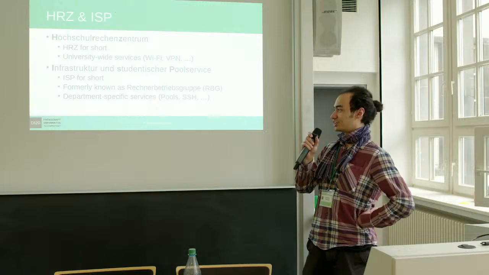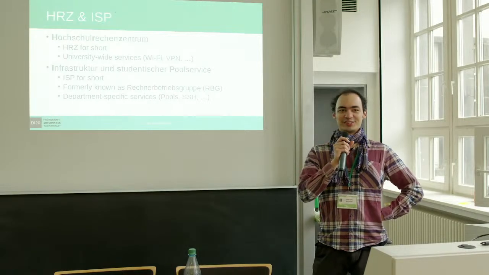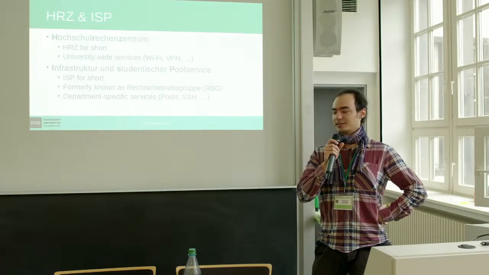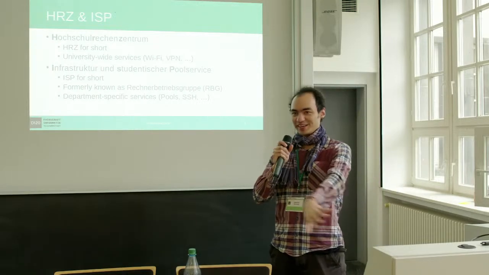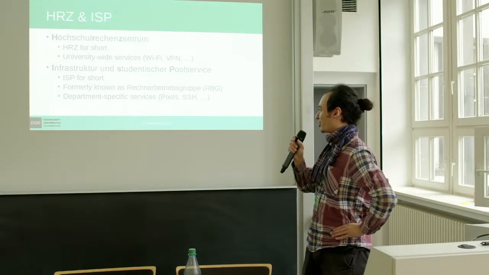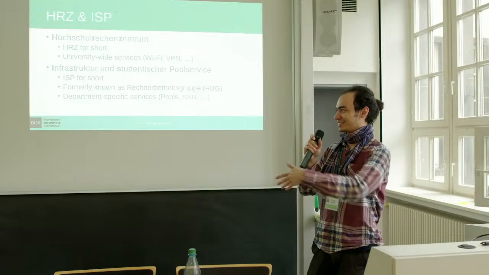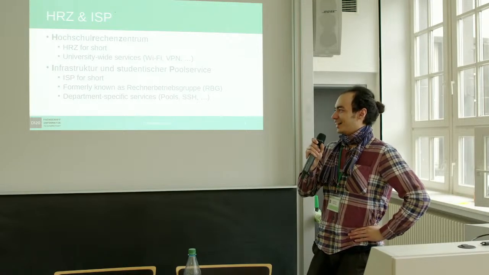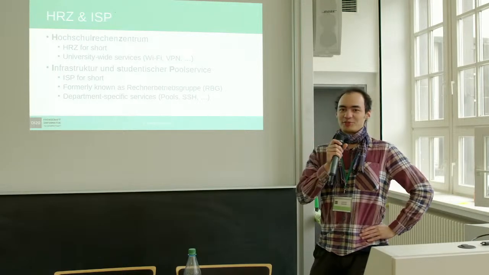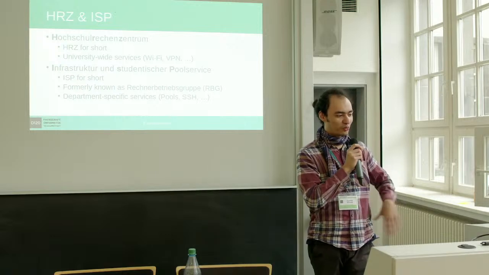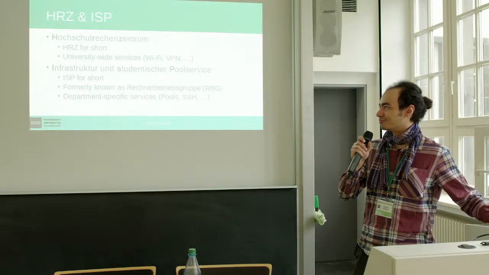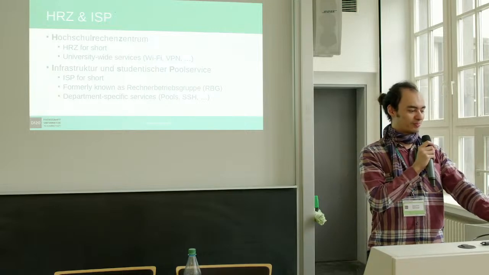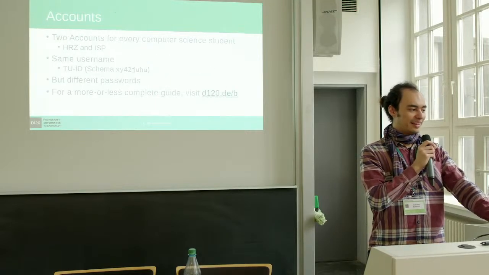It was called RGB and is also still known as RBG, sorry, in some domain names. So if you see RBG, you know that's the other one. They provide department-specific services, only for the computer science department. And that's the reason we have both.